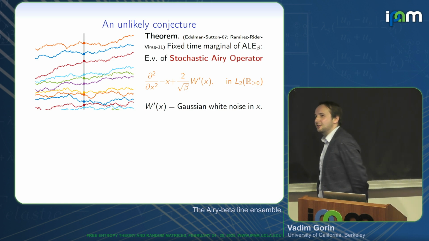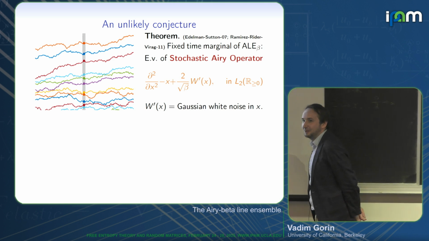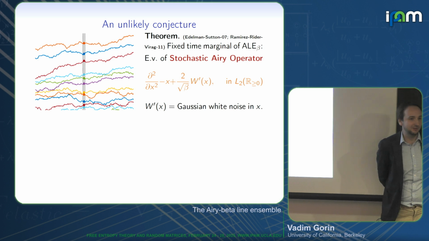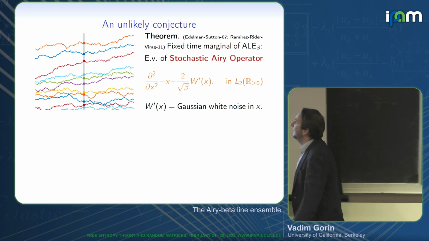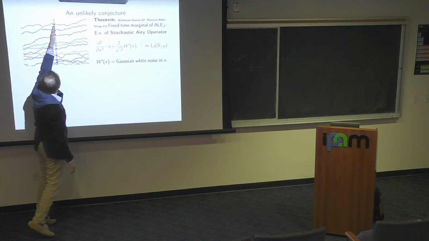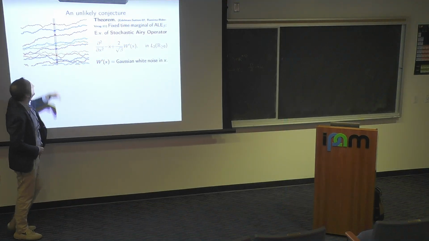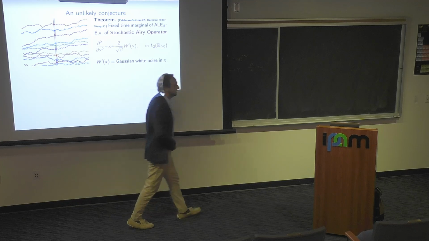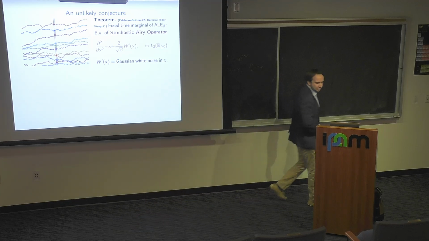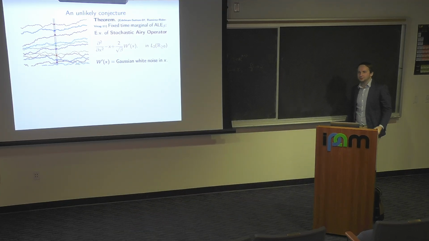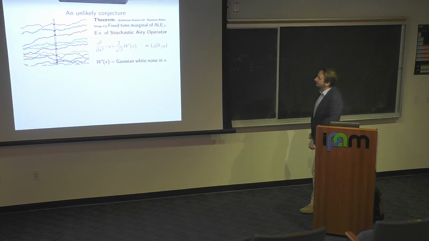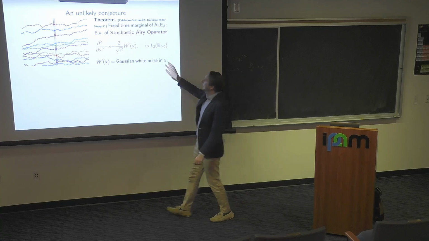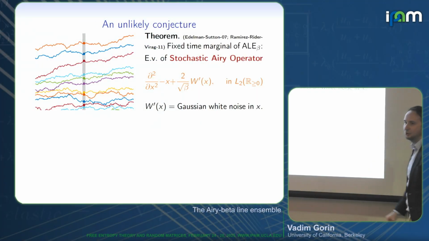Well, there's also a conjecture in the literature, which is unlikely to be true, but if it were true, that would be an amazing description of this Airy line ensemble. What is well known by now is that if you fix time here, again drawing a vertical section of this picture, and look at the joint distribution of particles along this section, so this is just a single matrix for which you look at the distribution of the largest eigenvalues, then that is given by the eigenvalues of the so-called stochastic Airy operator.